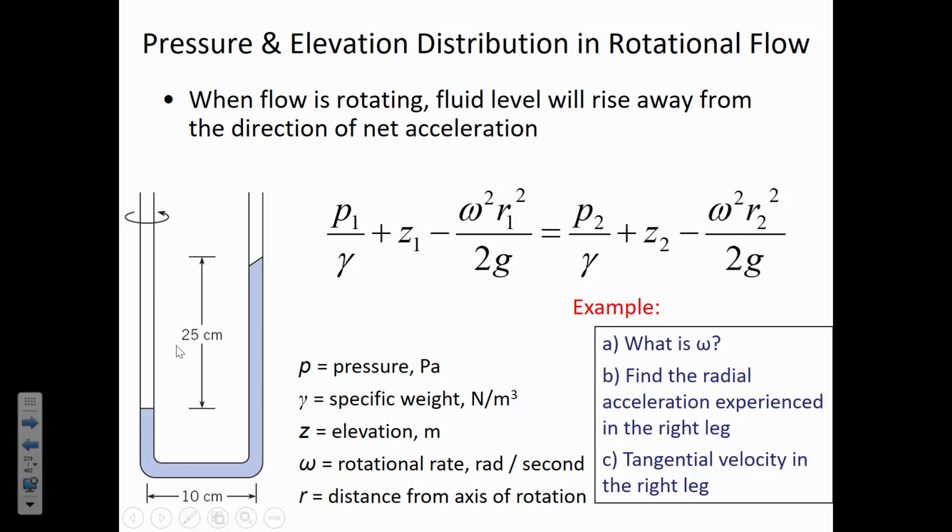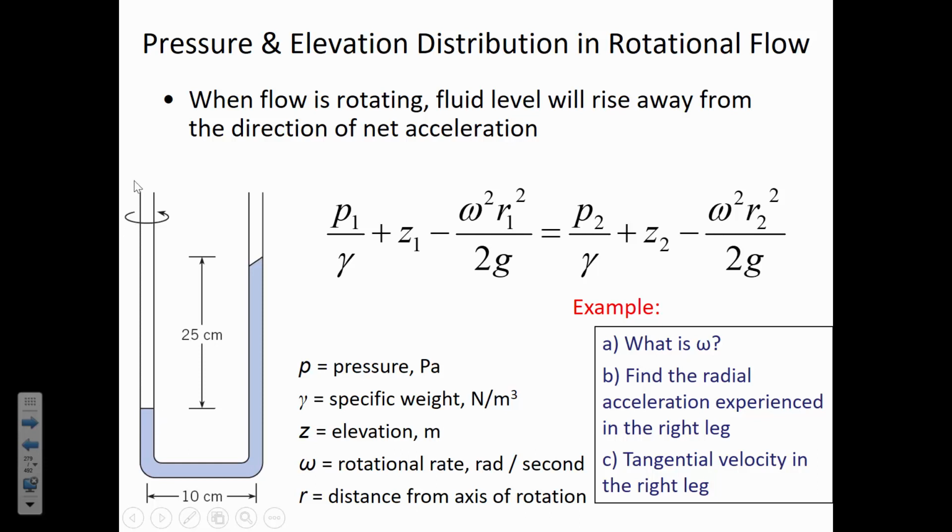We can say that as far as measuring elevations, we can let the elevation datum be wherever we want. So we could measure elevation from the bottom of the U-tube, but the problem with that is we don't know how much liquid is below this interface.